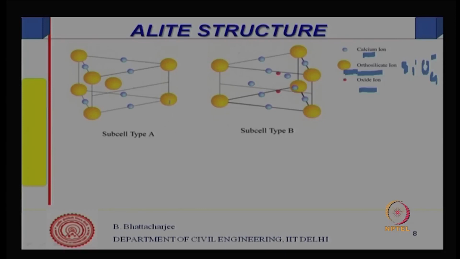This is your orthosilicate ion, the calcium ions, and in this one you have oxygen ions, and these combine together to form full shells with subshells A, B, and so on. So, C3S has a structure of this kind, with small calcium ions and orthosilicate ions surrounding them in the manner shown.